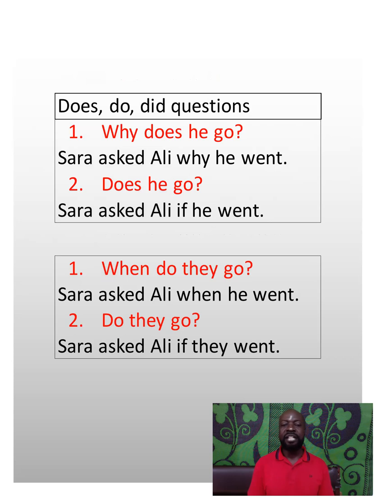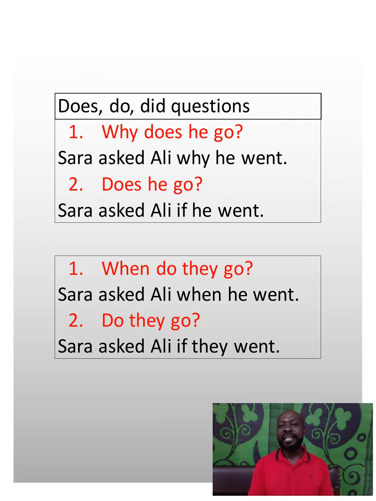Next, does, do, did questions. Why does he go? Sarah asked Ali why he went. I have made many changes. The first change is I jumped. Why he? I ignored does. I crossed out does.